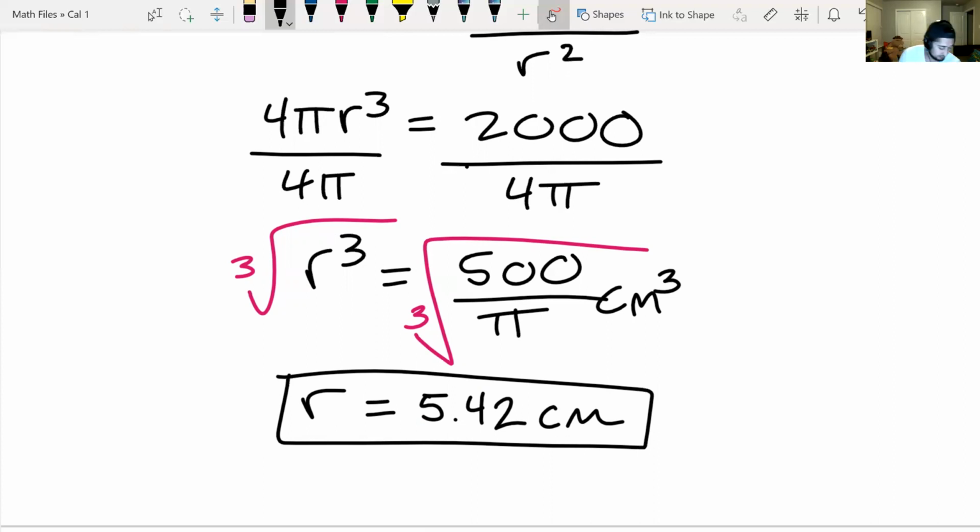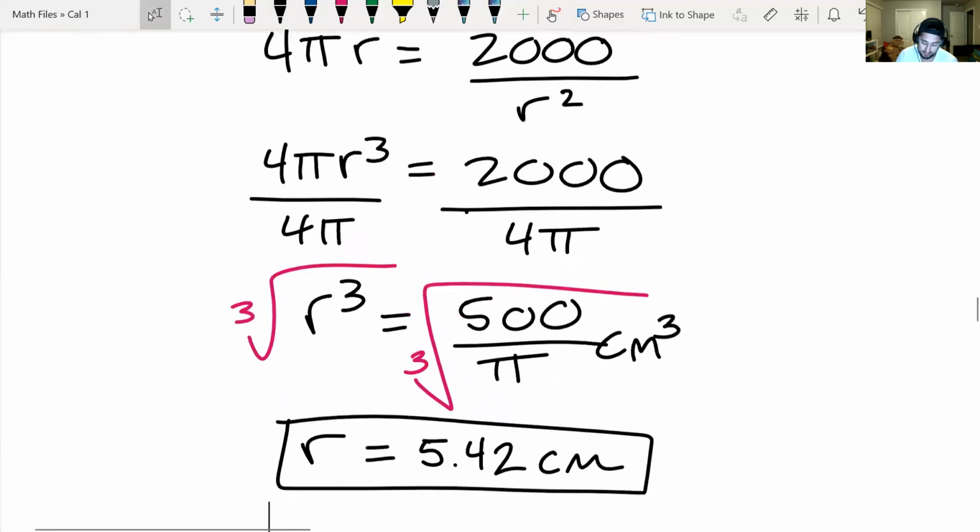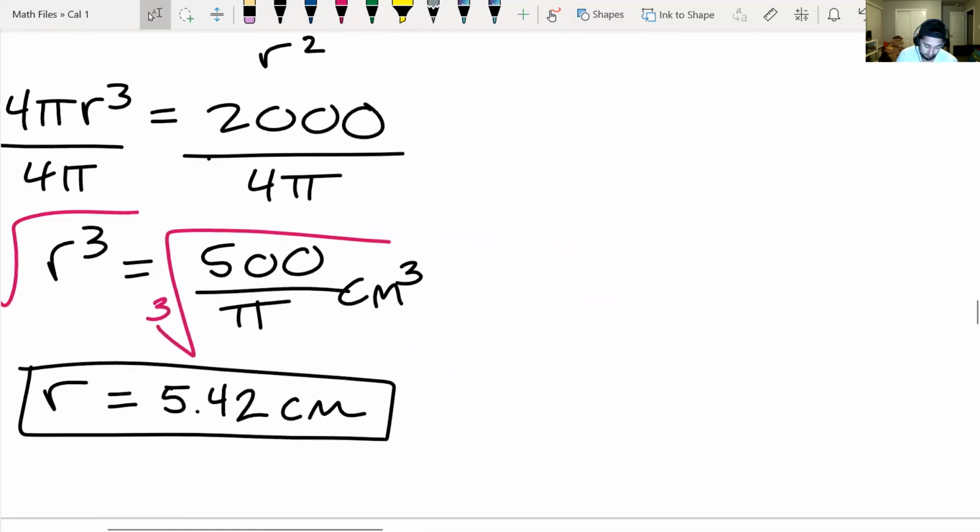Excellent. Well, now here's why I get to explain why we converted from 1 liter to 1,000 cubic centimeters. So here's my what-if moment, right?